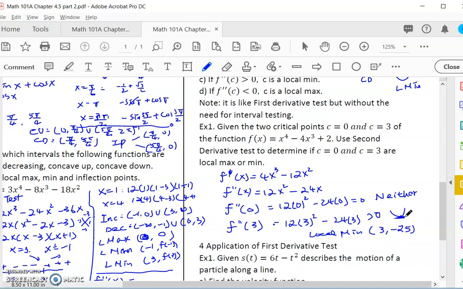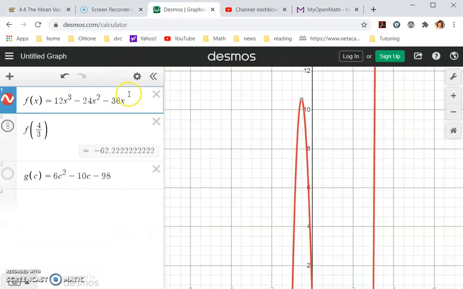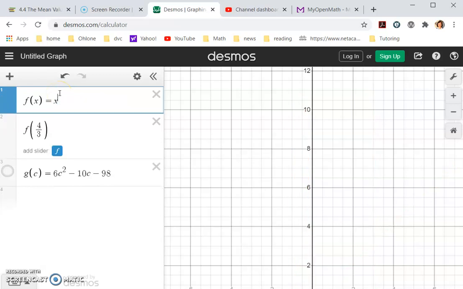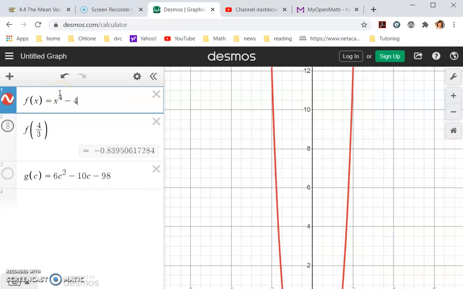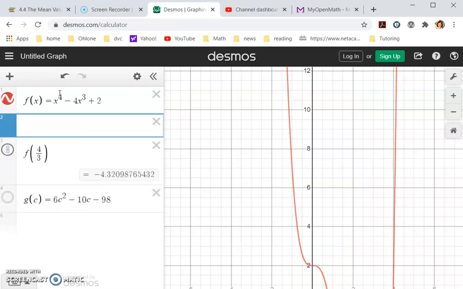We can actually confirm that with x to the 4th minus 4x cubed plus 2 graphed.